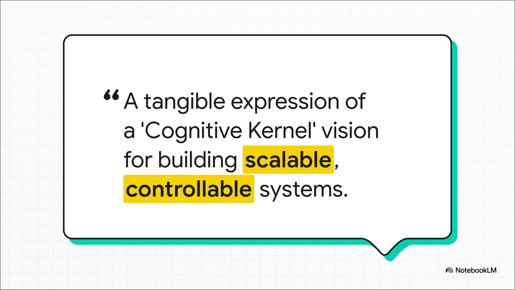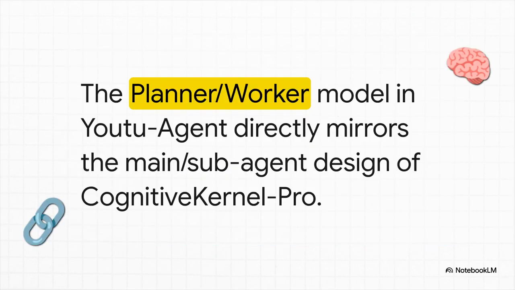So when you look at Youtu-Agent, you're really getting a sneak peek into the long-term strategy of the Tencent AI lab. And the proof is right there in the code, in the architecture itself. That planner/worker model we talked about in the OrchestraAgent, it's a direct mirror of the main sub-agent design in their other big framework, Cognitive Kernel Pro. This isn't a coincidence. It shows a really consistent, thought-out philosophy that's driving all their work.